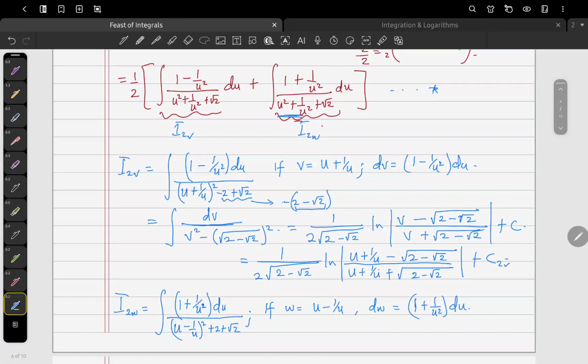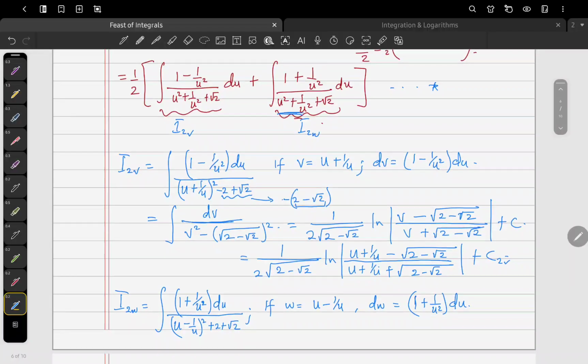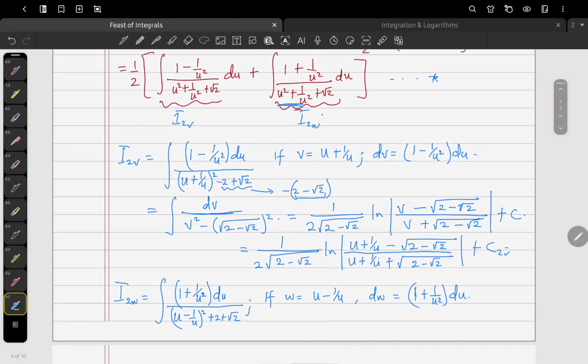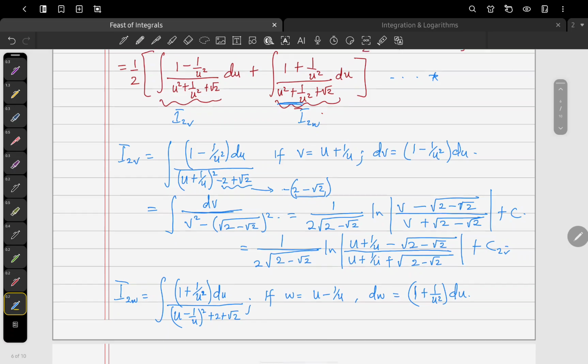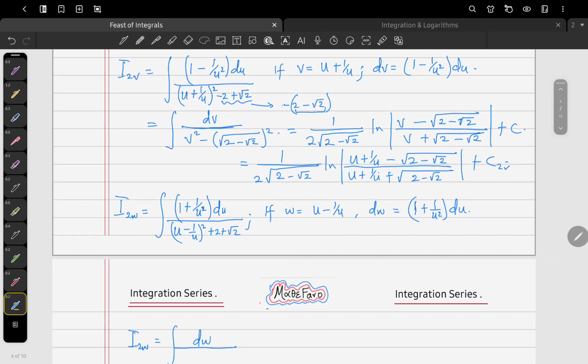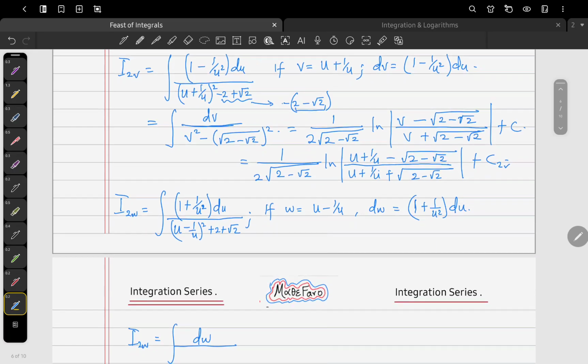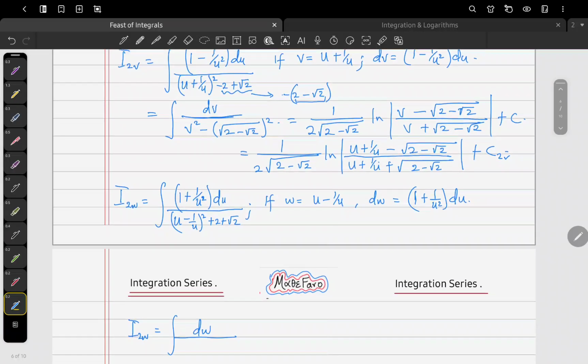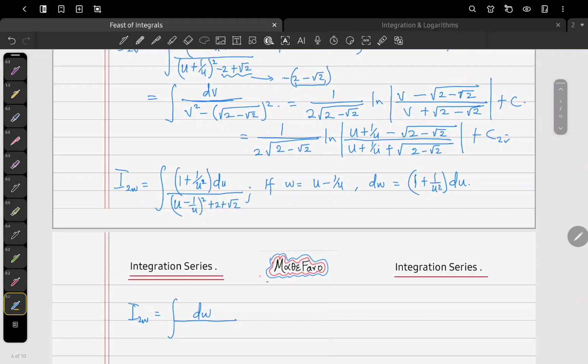That will be u squared plus 1 over u squared plus 2. So if w is u minus 1 over u, I think they're good. All right, we are so good.